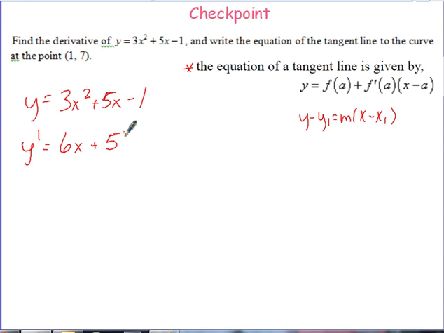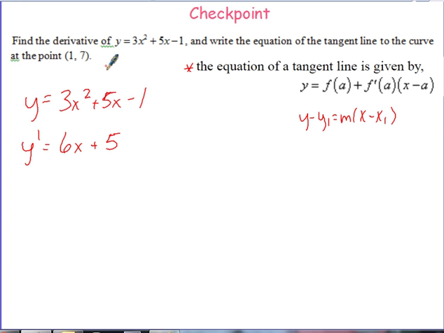It says here, f of a. What does f of a mean? You plug in x. What's my x? 1. But do I have to plug in 1? Why? If I plug in 1, what am I going to get? 7. I already know.